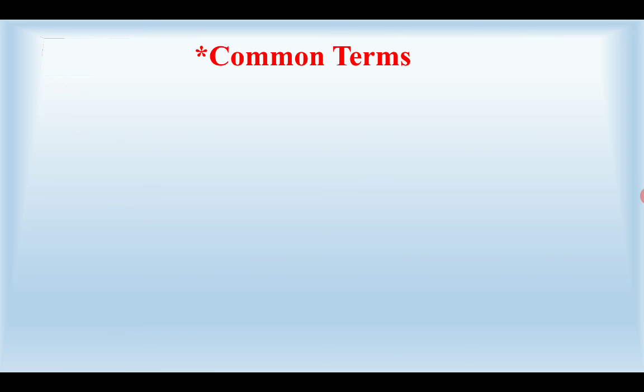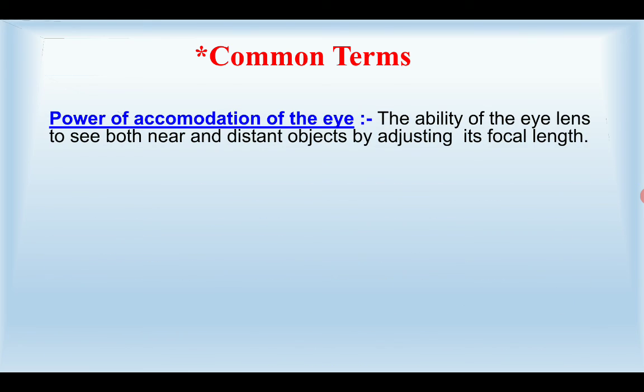And the common terms are: number one is the power of accommodation of eye, that is its ability to adjust the lens both for the near as well as the distant object. So this is done by the ciliary muscles. They adjust the focal length of our eye lens.